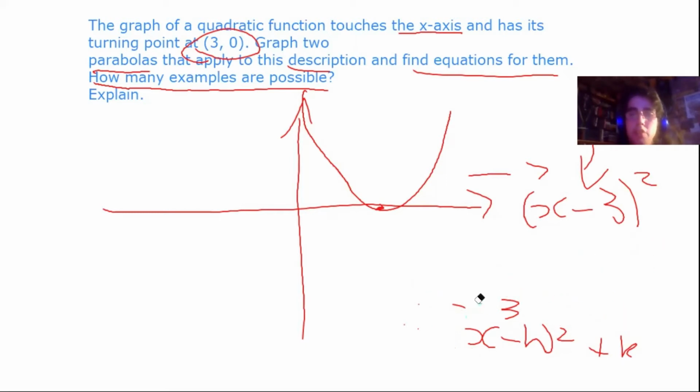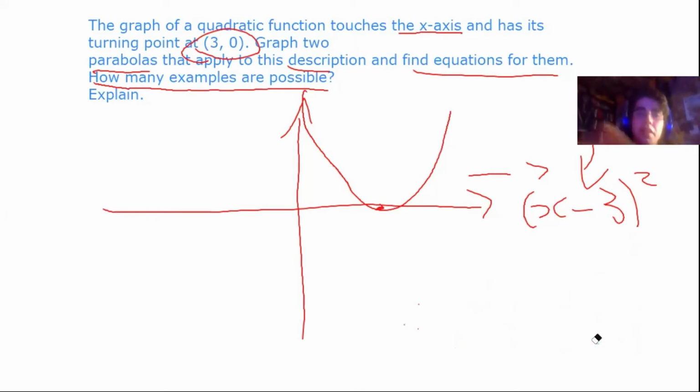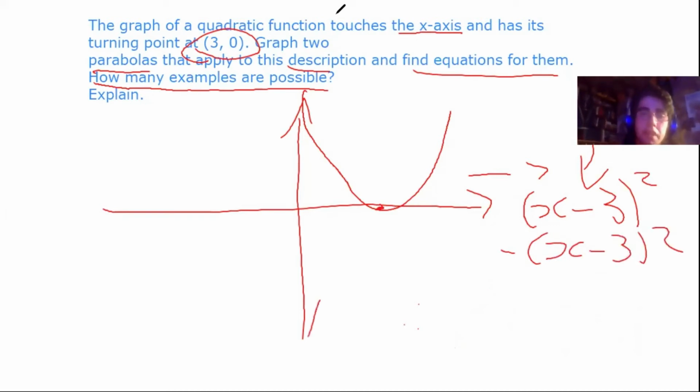Okay, so that could be an example of one of the graphs. Another example of this graph could be -(x - 3)², which would be the same type of graph, just upside down. Now again, when we're sketching these graphs, we'll need to also put in our y-intercepts, and we would do that by subbing 0 into both equations. Okay, so for the first one, we're going to get 3 squared, which is 9.